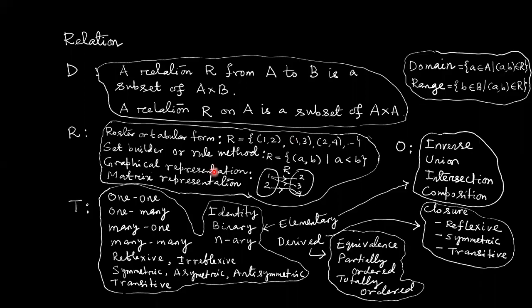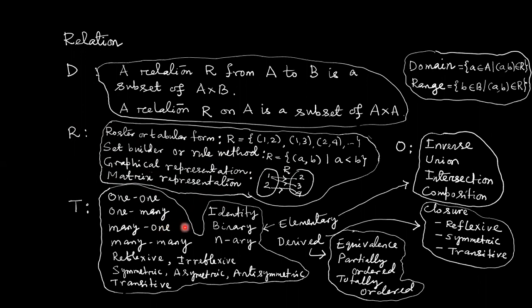So how can we represent the relation? We can represent the relation again using the same set representations like roster or tabular form, set builder form. Either we can have a graphical representation or we have matrix representation.